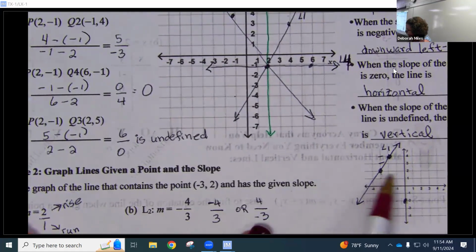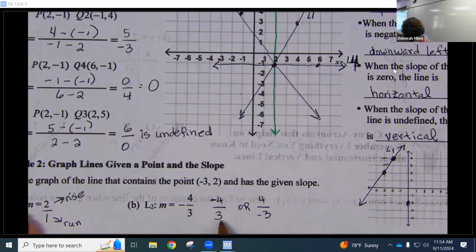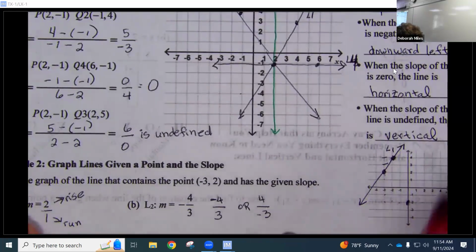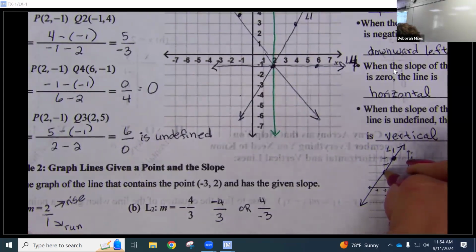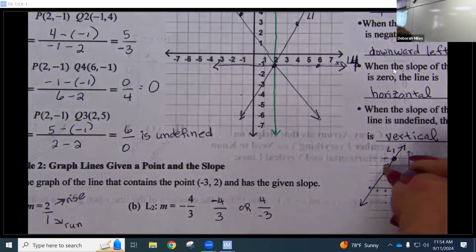What if I had started at this point -3, 2, and instead of going down and to the right, I went up 4 and to the left 3? Would I still get the same line? Let's see, starting at the point -3, 2, go up 4.